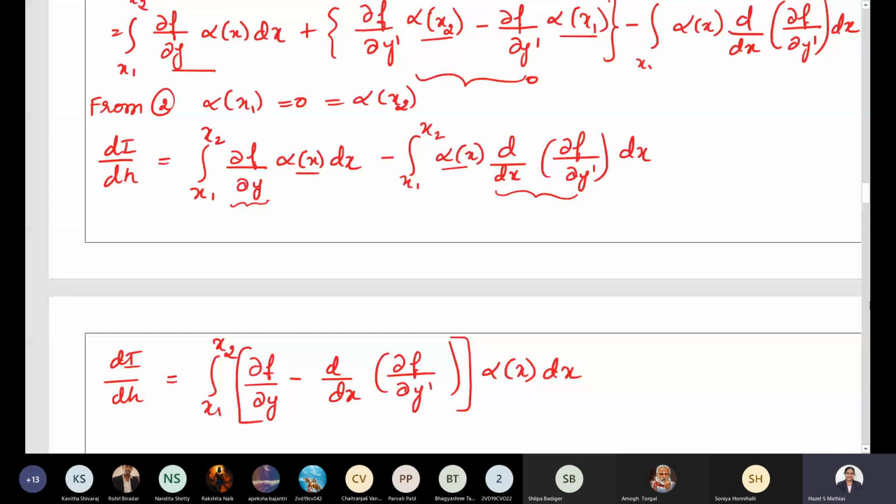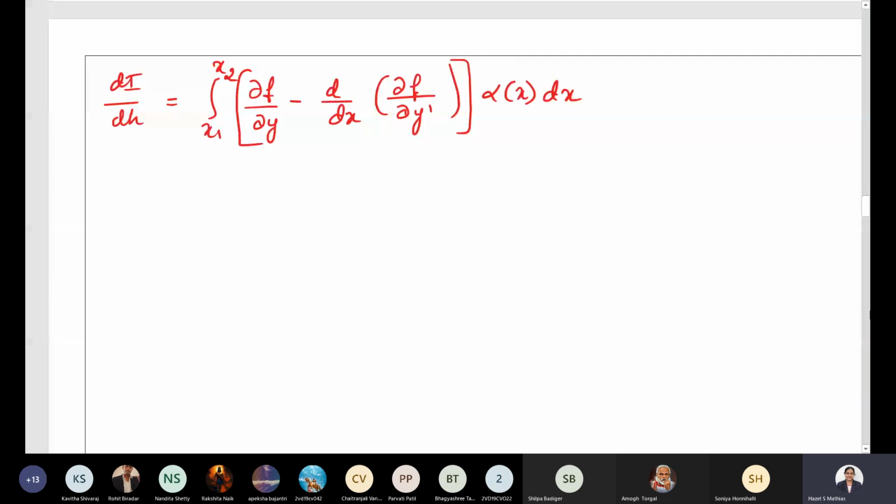Now after this, we have said that for the function to attain extremum, dI/dh must be equal to 0 when h is equal to 0. When this condition is satisfied, I attains extremum. We require the functional to achieve an extremum value. We want a necessary condition for the functional to attain extremum, and that is possible when dI/dh is equal to 0 when h is equal to 0.